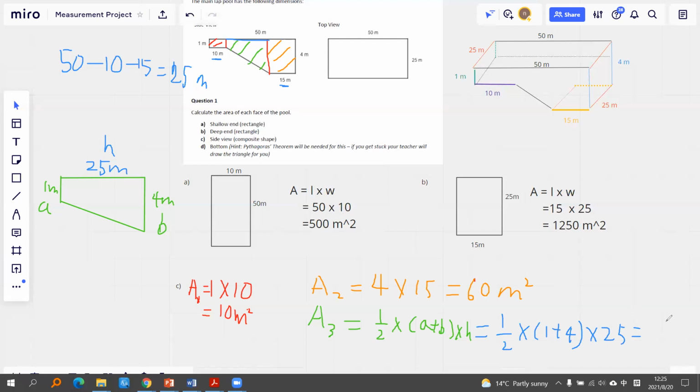That's 25 times by 5 divided by 2, right? 125 divided by 2. Let me have a try. 25 times 5, divided by 2.